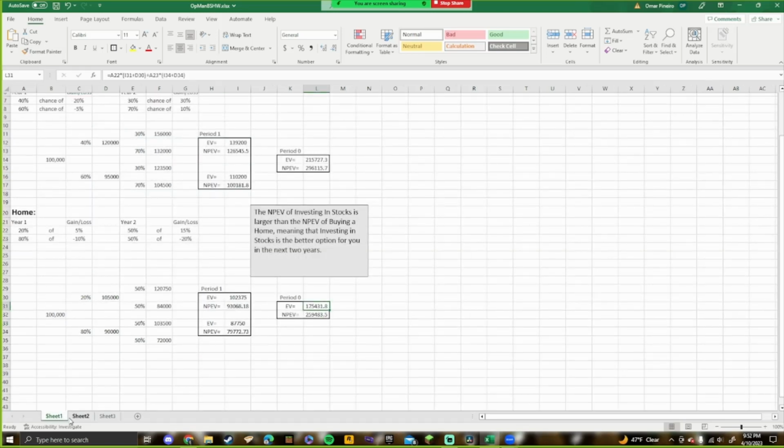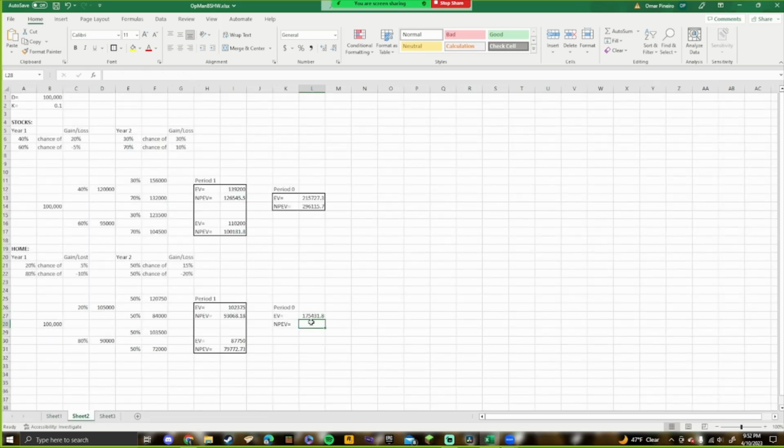There we go, 175,431. Now, this is where the NPEV gets different. It's still this value divided by 1 plus the K value, but then you are also adding it to this initial total right here. And there we go.